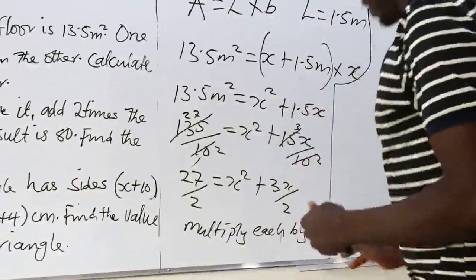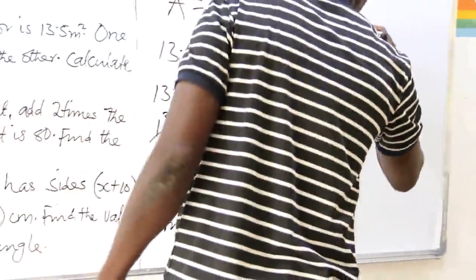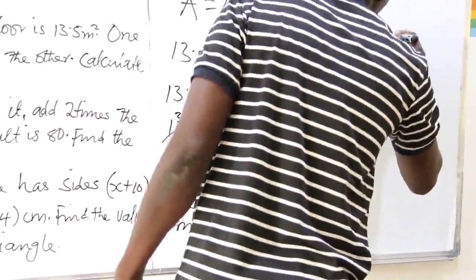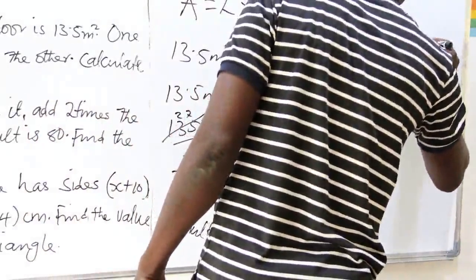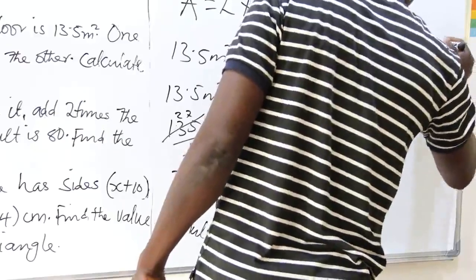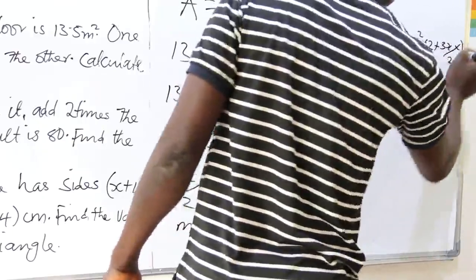If we are multiplying each term by 2, you discover that you have 27 over 2 times 2 is equal to x squared times 2 plus 3x all over 2 times 2.